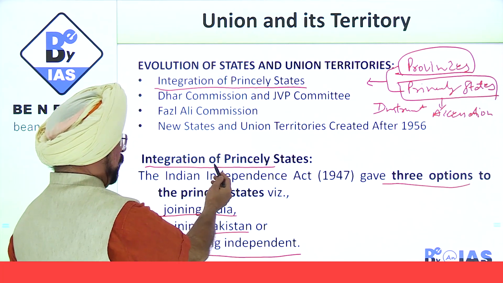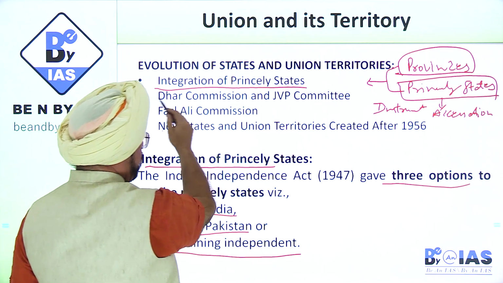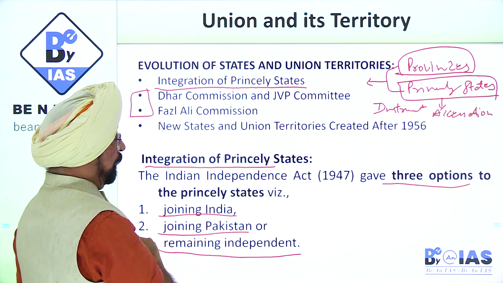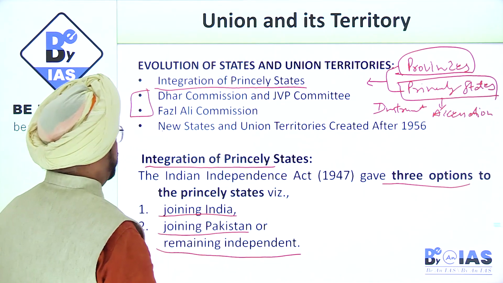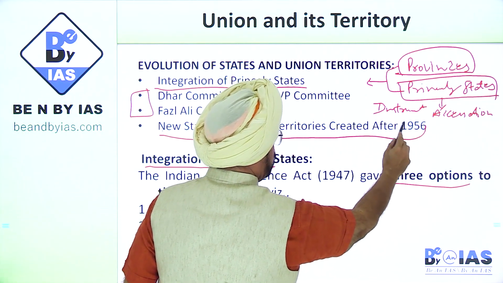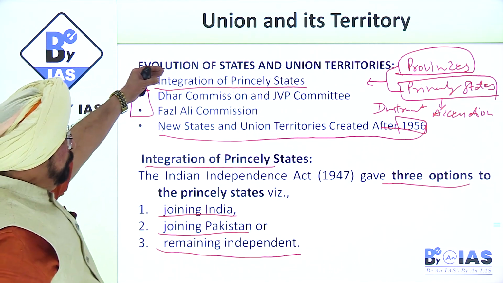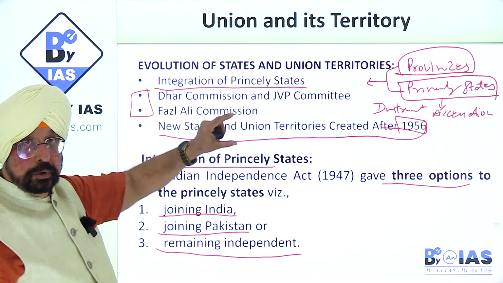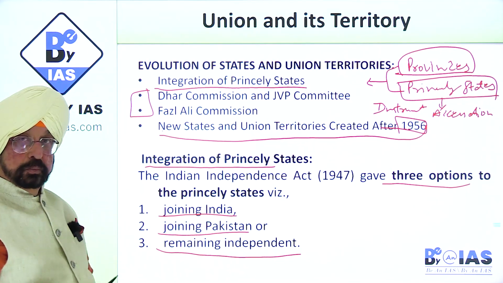So then the other states were, we will see these 2 commissions, how they worked and on what conditions, in the next slides. But new states and union territories were created after 1956. So this is how the evolution of states occurred. These 2 just keep on hold for some time till we explain them in more detail.